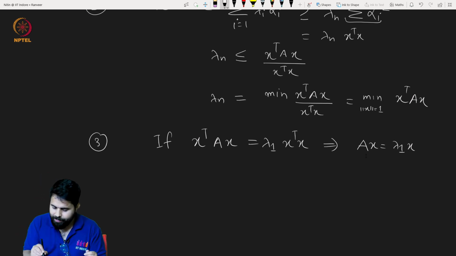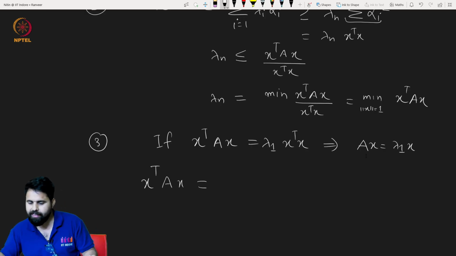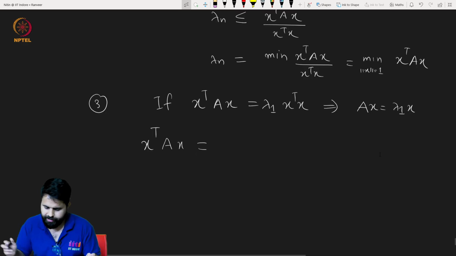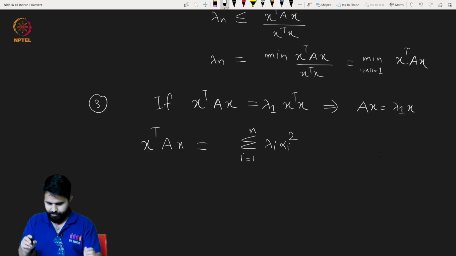I think we have already established that X transpose AX is nothing but the summation over lambda i alpha i square, for i equal to 1 to n.